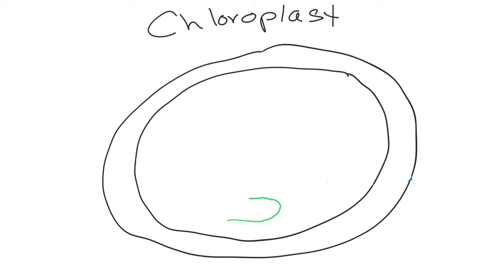And this membrane wraps around itself like this. Okay? And so that membrane is called the thylakoid membrane.